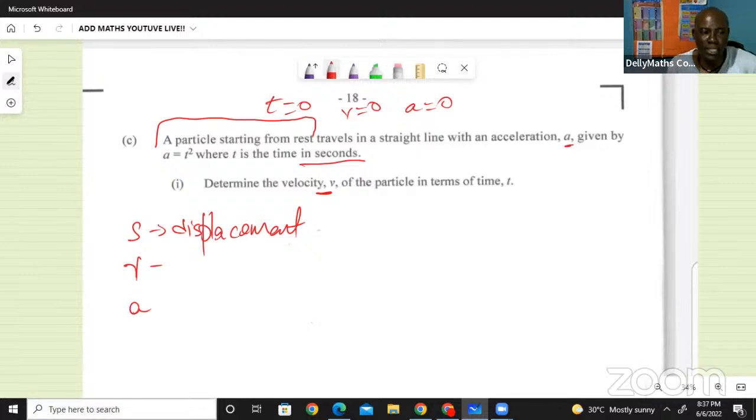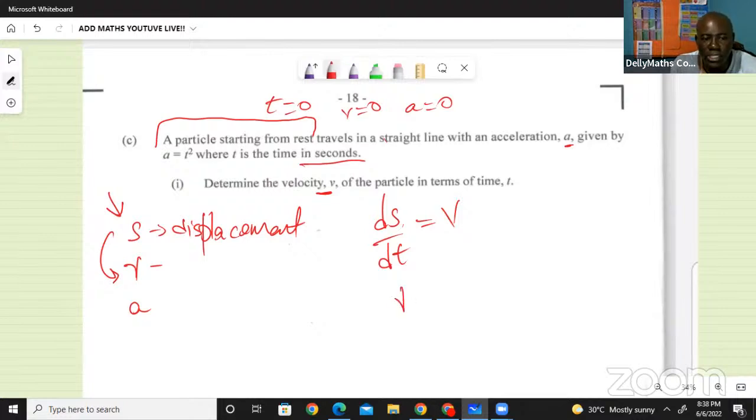So here's the whole thing. If I differentiate displacement, I end up with velocity, because I'm going to differentiate displacement with time. So I'm going to have ds/dt. ds/dt gives velocity, because this is displacement over time.